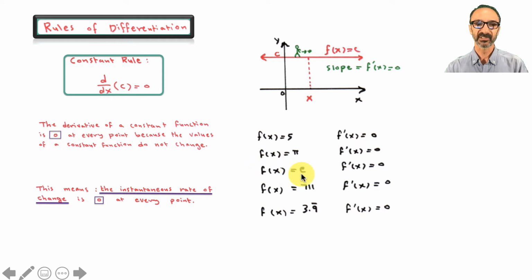If f of x equals e, the famous number e, f prime equals 0. If f of x equals 7-Eleven, not the store, just the number 711, f prime equals 0. If f of x equals 3.9 repeating, f prime equals 0. So it doesn't have to be like 5, so clear and so simple. It says if your function is a constant, the derivative is 0.